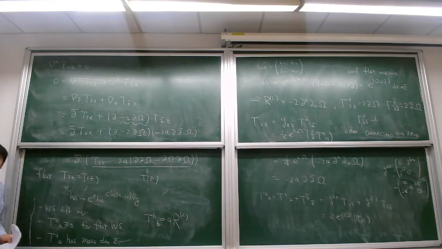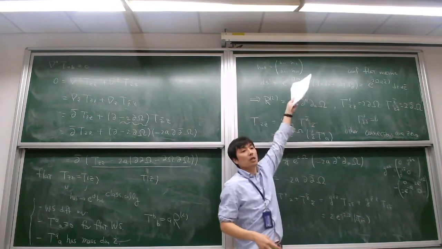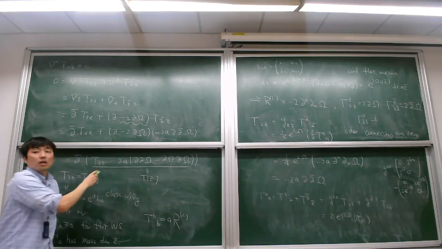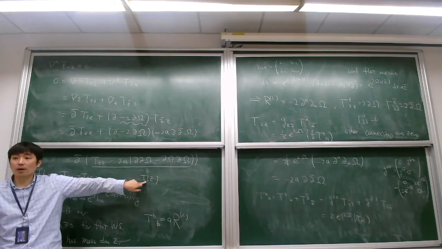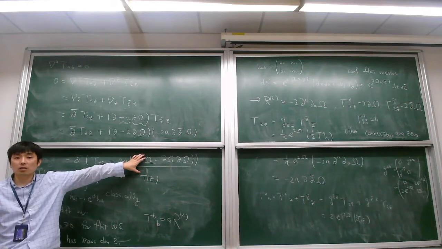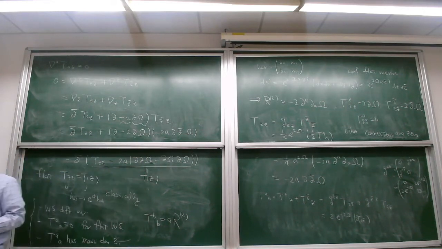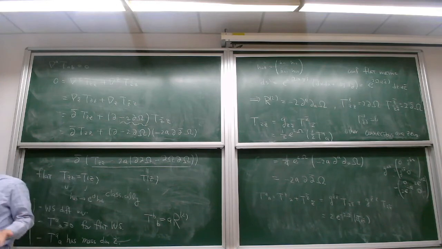However, if you consider a conformally flat metric here, there is a cost. To connect between T_ZZ and the holomorphic operator, there is a cost due to the non-flat metric. So in some sense, this is the source of this Weyl anomaly.